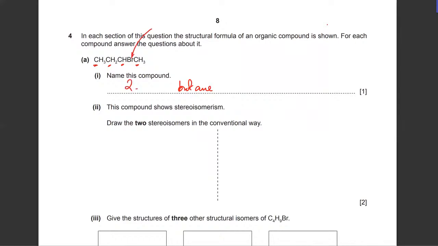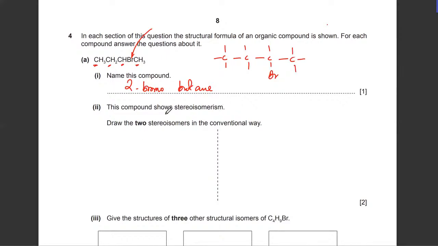So it's 2-bromobutane. Double bond check. Okay. The first carbon has 3 H's. The second one has 2 H's. The third one has an H with a Br. Okay, that's the third one. And then you have the fourth one, which has 3 hydrogens. Or either there's a bromine. So it's a saturated molecule.